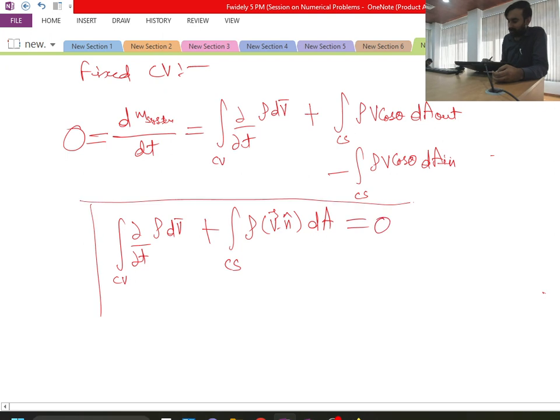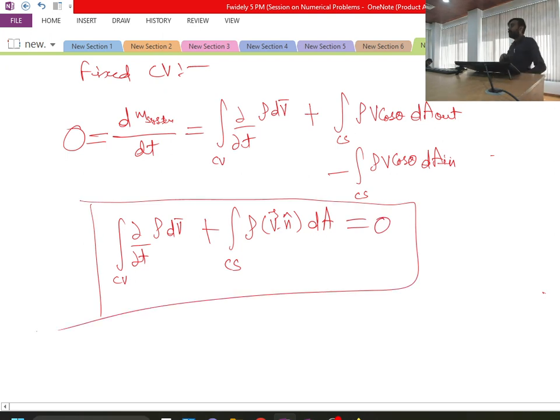So this is nothing but the continuity equation for a finite sized control volume, because I am writing it in integral form. This is the conservation of mass principle. Earlier, dm system by dt equal to 0 was the conservation of mass principle for a system. Now with the help of Reynolds transport theorem, I can apply the conservation of mass principle for a control volume. Is the point clear?